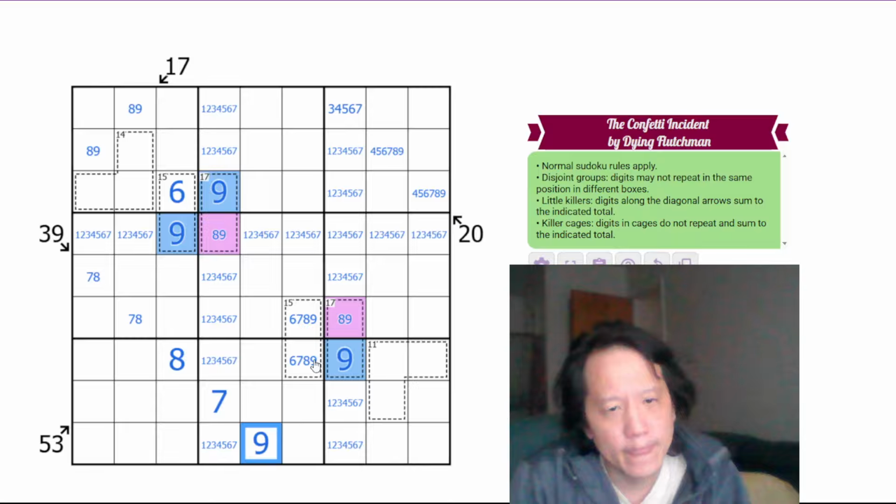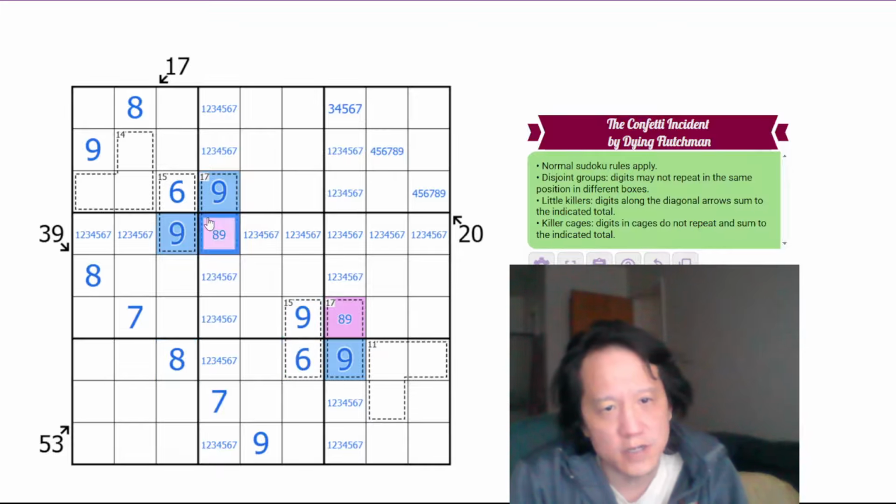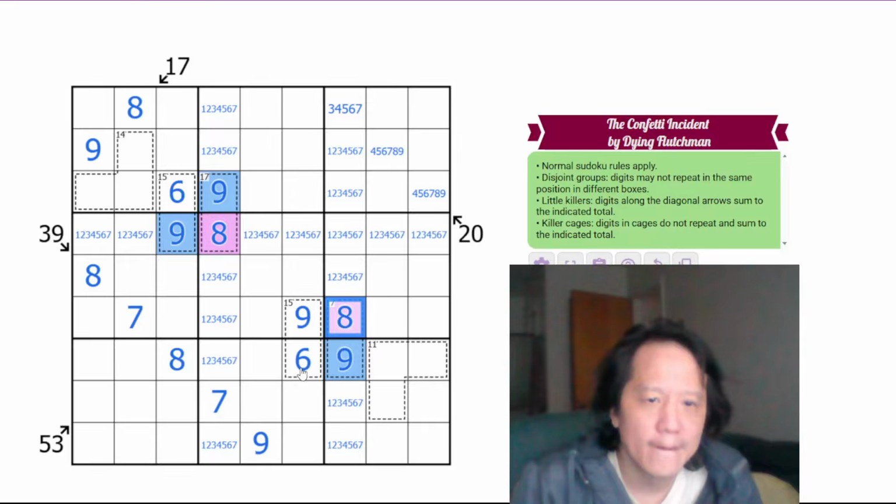Right? 16 plus 8 is 24 plus 15 is 39. So 7 here would force this to be 8, which makes that 7 here. 8 eliminates 8 here, so it's 9 and 8. Okay. That seems reasonable. This can't be 7, 8, or 9, so it's 6 and 9, which makes this 8 and 9. Or not 9, 8 here. Okay, it does kind of work.